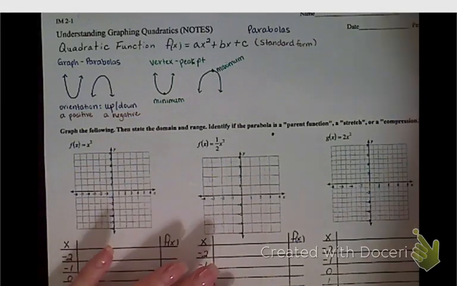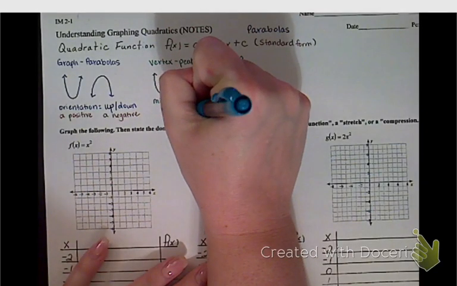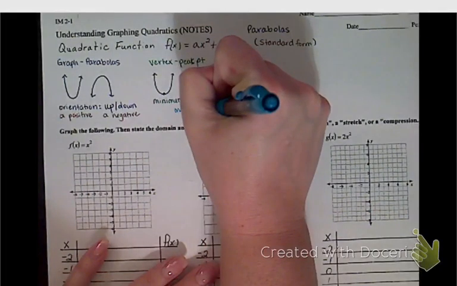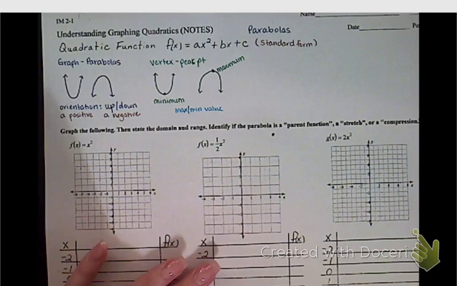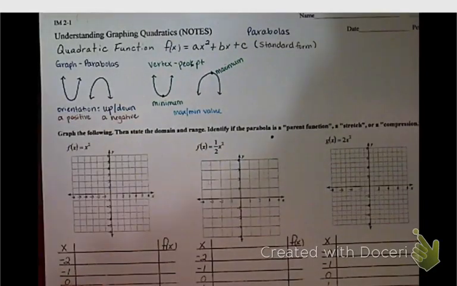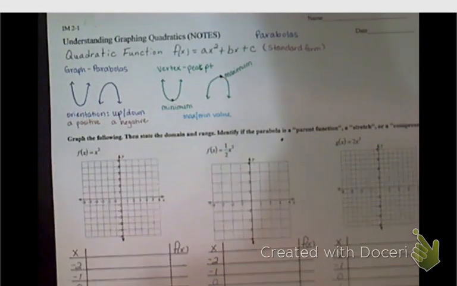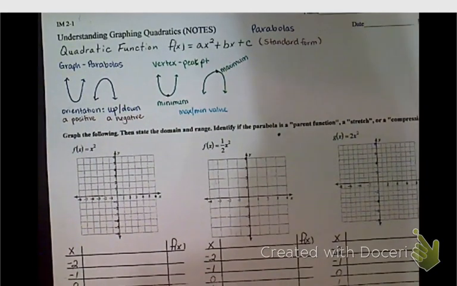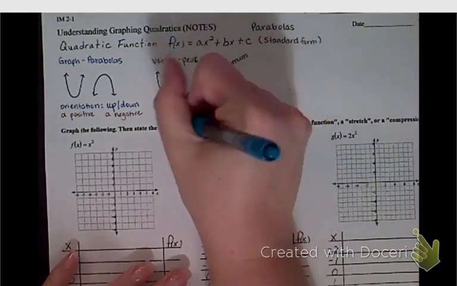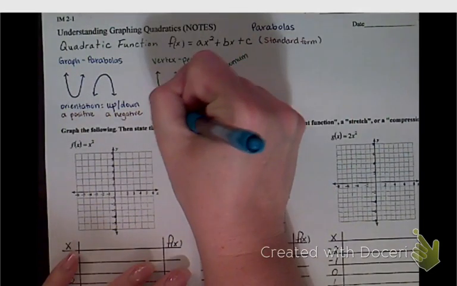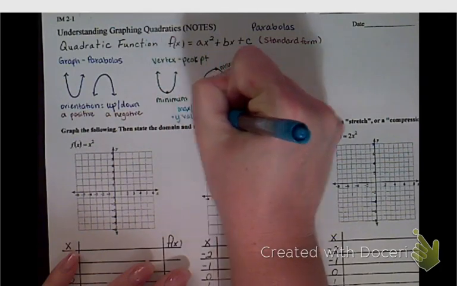And when we talk about the maximum or minimum value, hold on, this is a little blurry. There we go. Maximum or minimum value, we are specifically talking about the y value of the vertex.